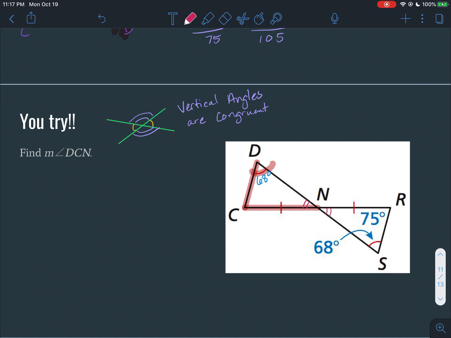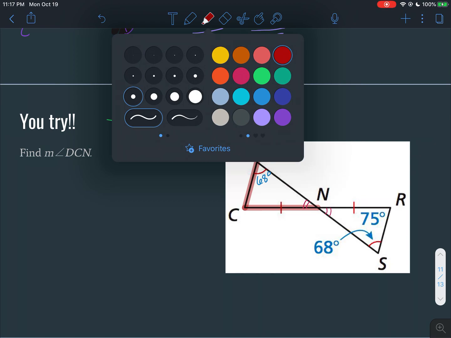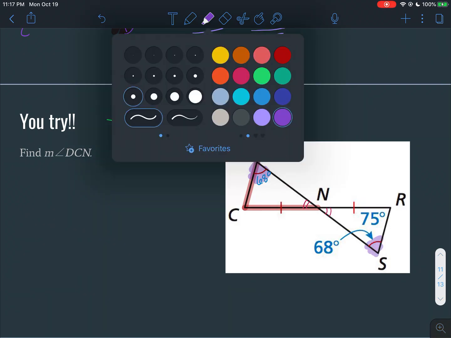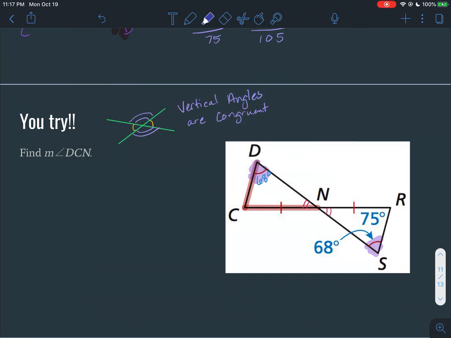Okay. The third angles congruence theorem says if two angles from one triangle are congruent to two angles from another triangle, which is what we have there, then we know the third angles are also congruent.